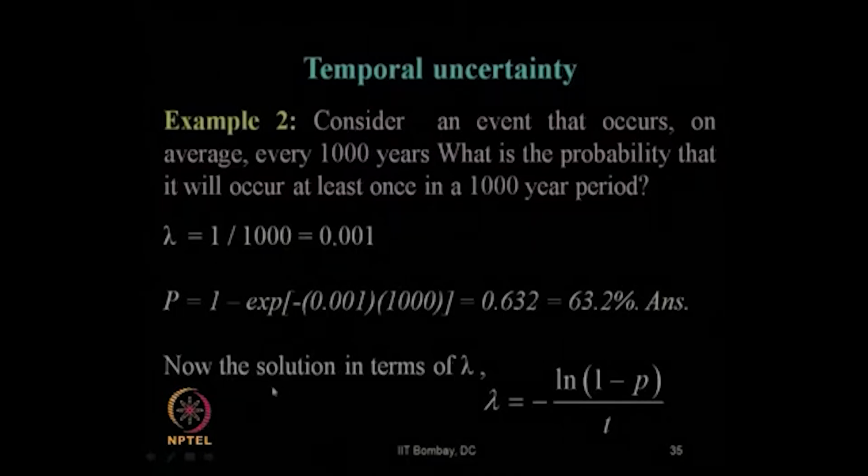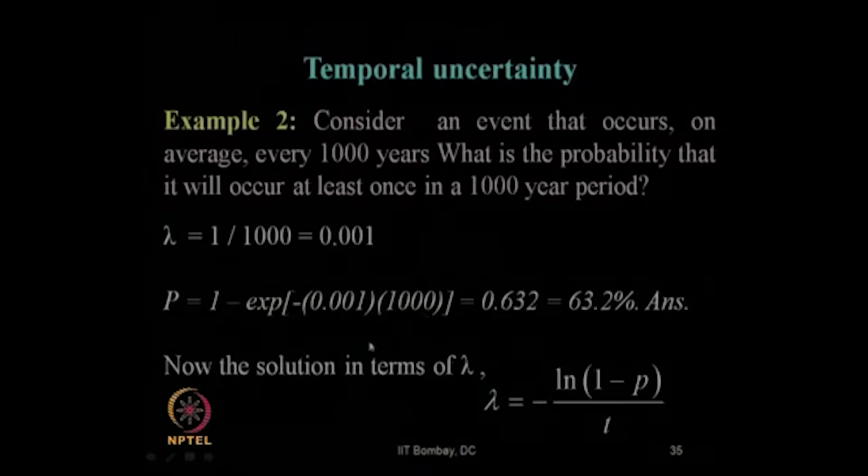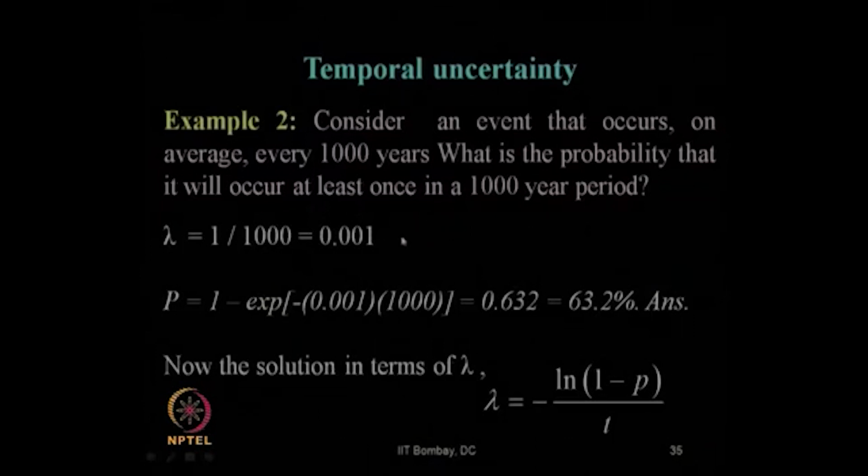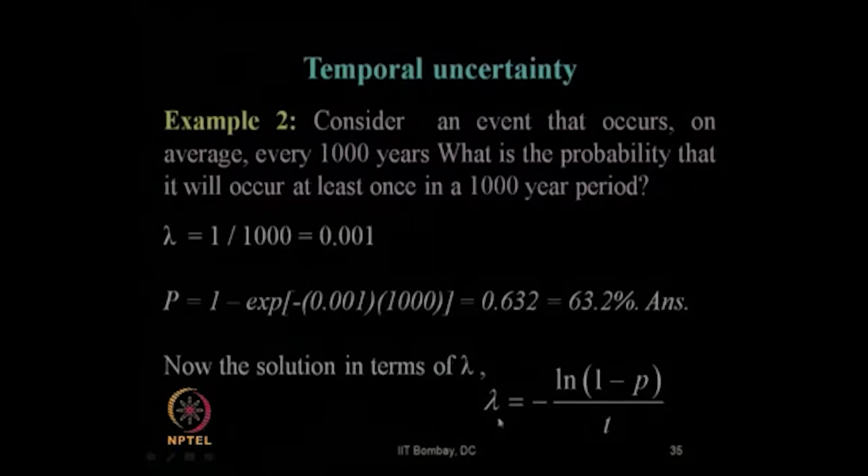Now, let us express this probability function in terms of lambda, that is, the probability of occurrence at least once. We are talking about that only. Okay? So, let us reshuffle it and express it in terms of lambda. How should it look?